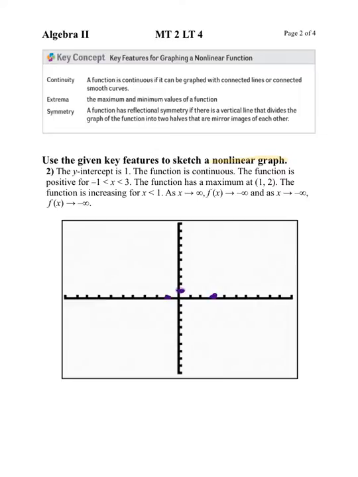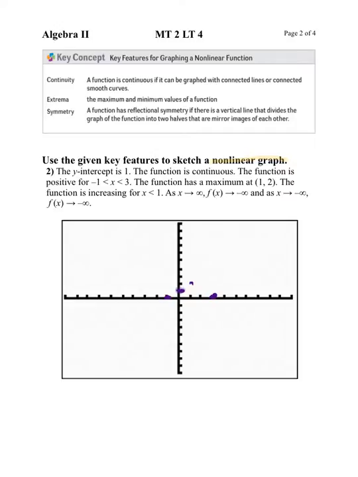Next, we're told that the function has a maximum at (1, 2), so I'm going to put a point at (1, 2). The function is increasing for values less than 1. And as x approaches positive infinity, f of x approaches negative infinity, and as x approaches negative infinity, f of x approaches negative infinity.